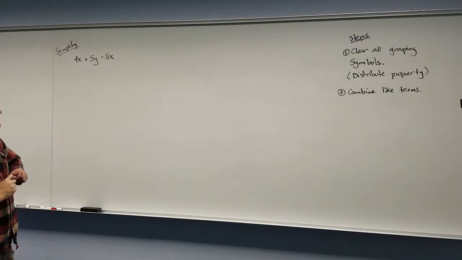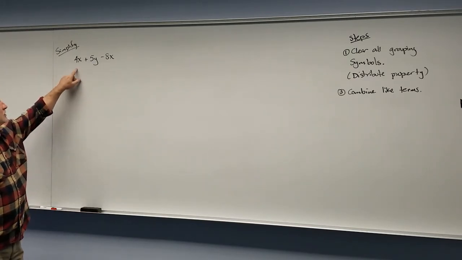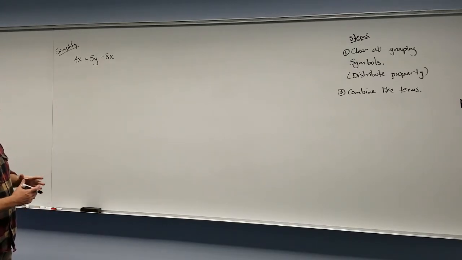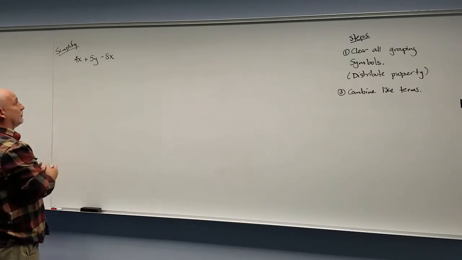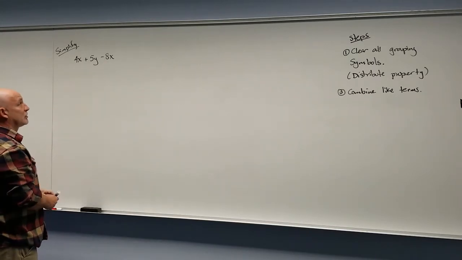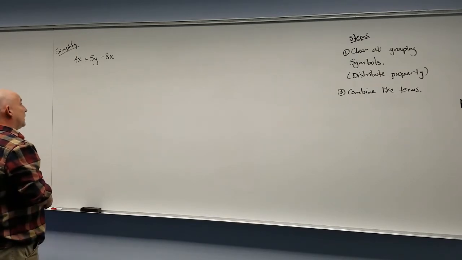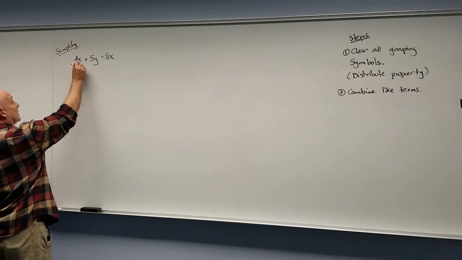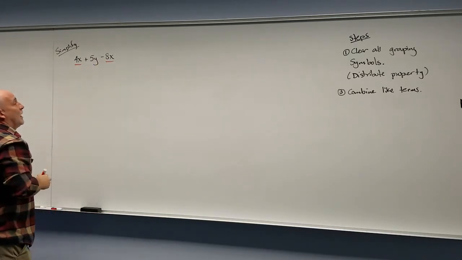All right, the directions here say simplify. Here we have an expression. In this expression, we have 3 terms. All right, by looking at this, the first step, we want to clear all grouping symbols. Well, we don't have any grouping symbols, so we move on to step 2, which is combine like terms. Do we have any like terms? Well, looking at each term up here, the first terms are x's, the second terms are y's, and the last term are also x's.